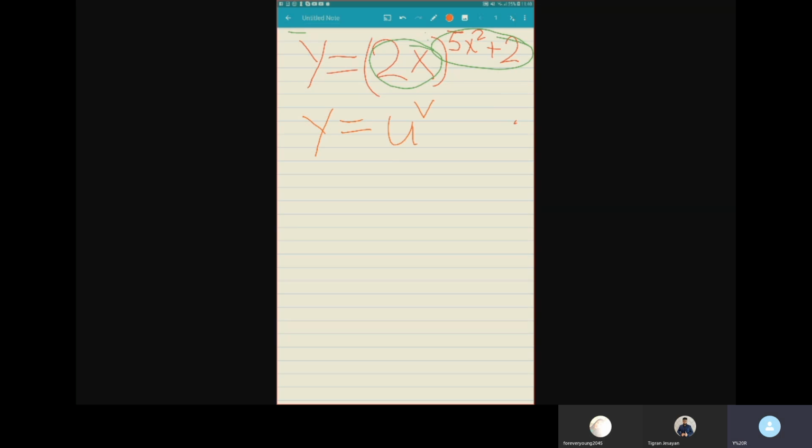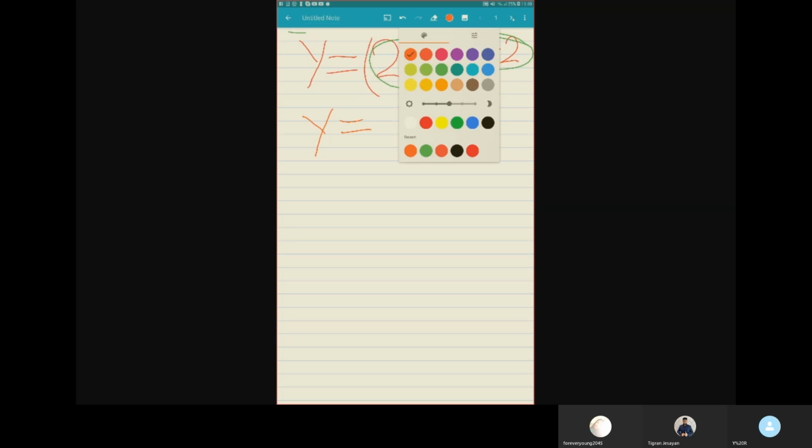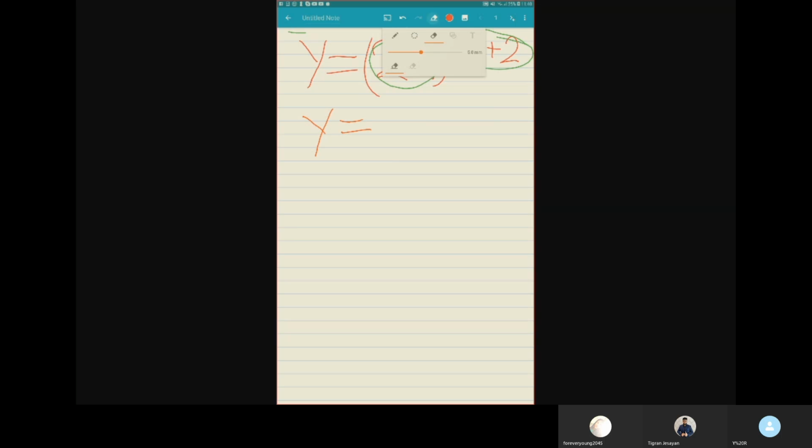Or sorry, let's use the same one that was being used in the CVX1. There they write f(x). So you have f(x) to the power g(x).